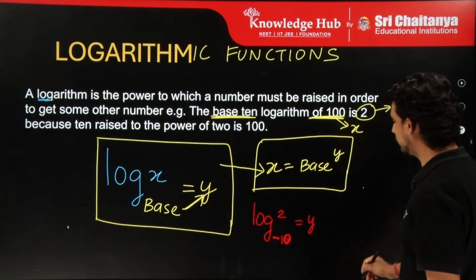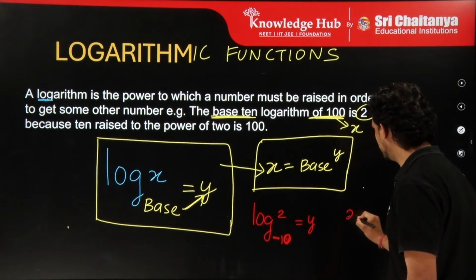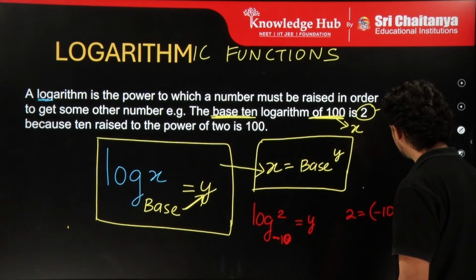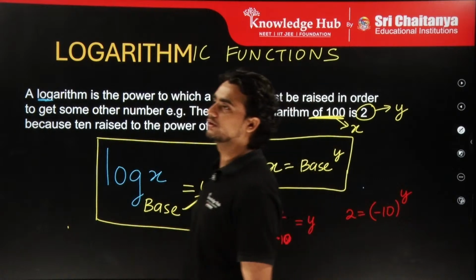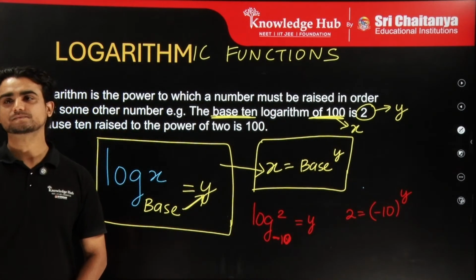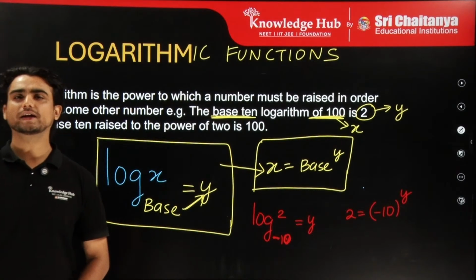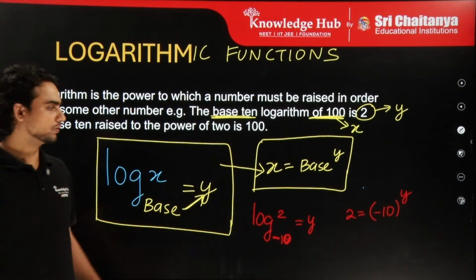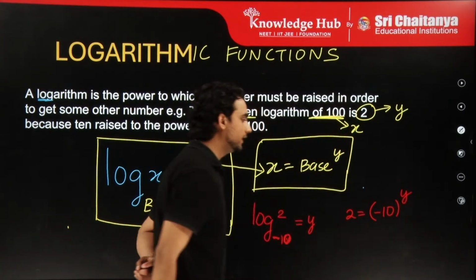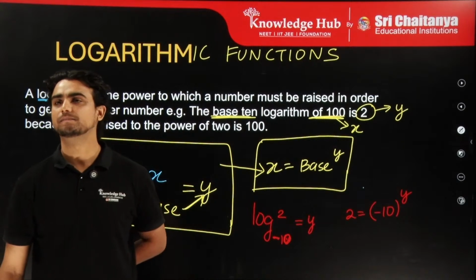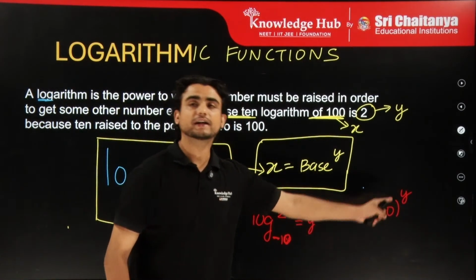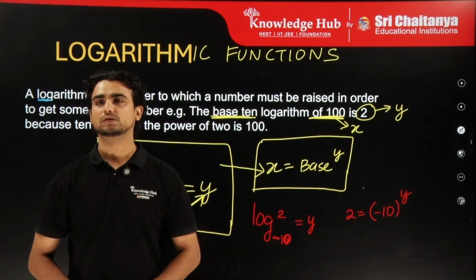So if I try to solve this, what do I get? I'll get 2 equals minus 10 raised to y. Now look here very closely. What are the possible values of y for which I'll get a positive number from minus 10?